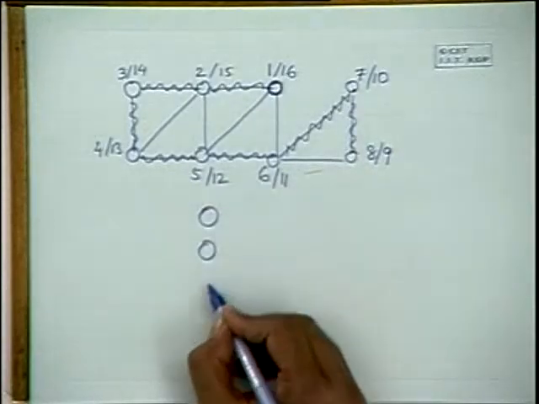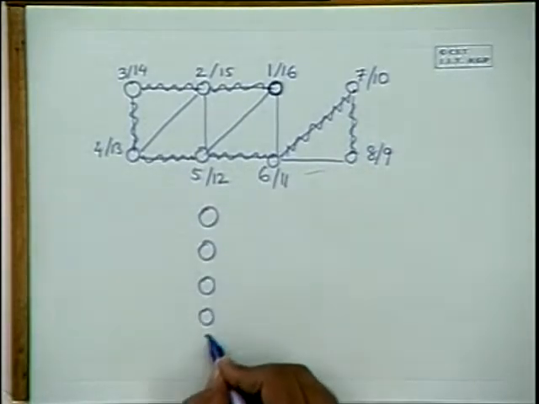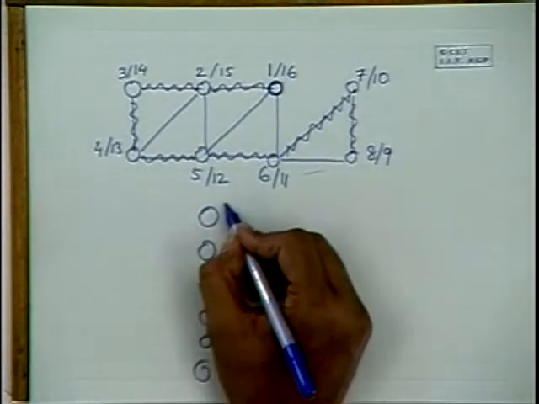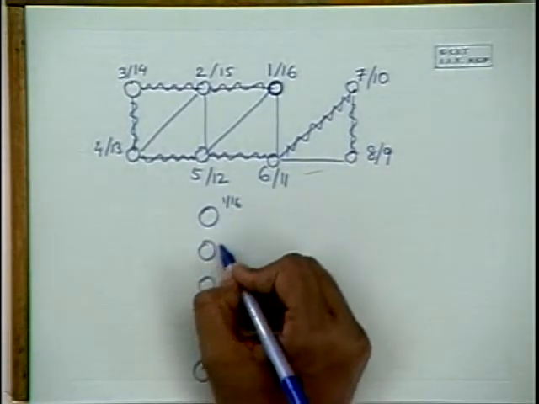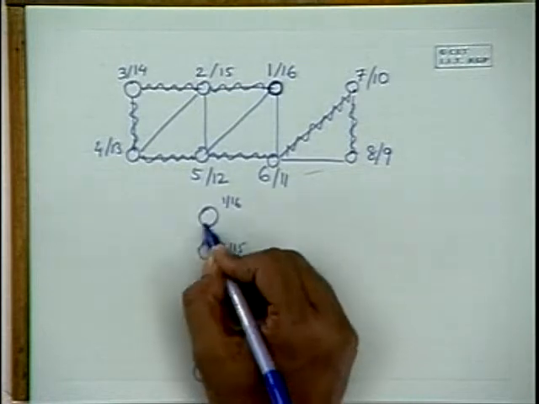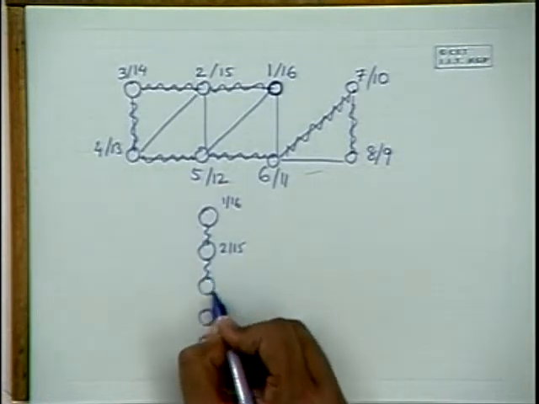And if I draw the tree now, it looks something like a chain. So this is 1 over 16, 2 over 15, so this is the edge we visited.